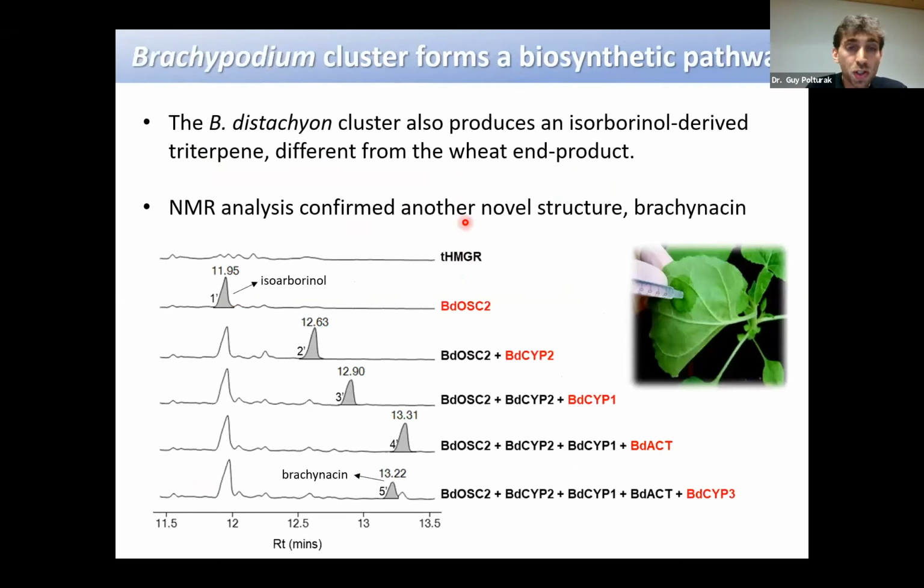So we used the same methodologies of transient expression, and we could see that in this case too, these genes do form a sequential biosynthetic pathway, which also begins with the same triterpene scaffold called isoarborinol, but the chemistry basically diverges in this pathway, and you end up with a different product, which we also purified and analyzed the structure by NMR. And we also find that in this case, it's a novel structure, which we named Barkinazin.